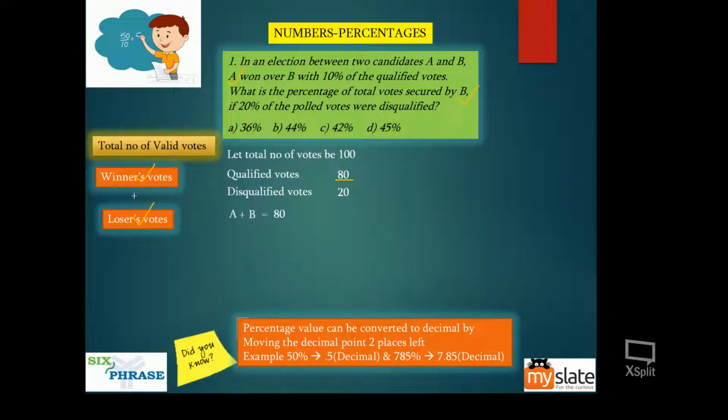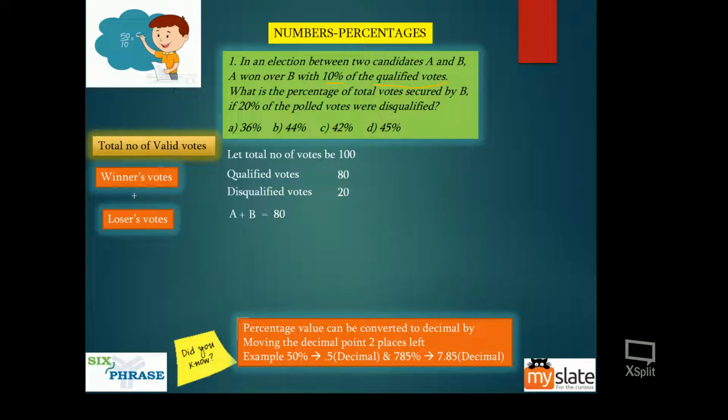Now guys, you have to form another equation. Here A represents A's votes, B represents B's votes. Now, one more thing: A won over B by 10 percentage of the qualified votes. So here 10 percentage of the qualified votes is important.